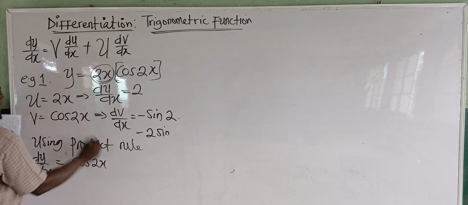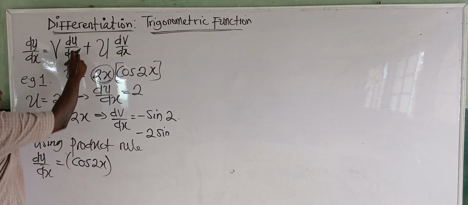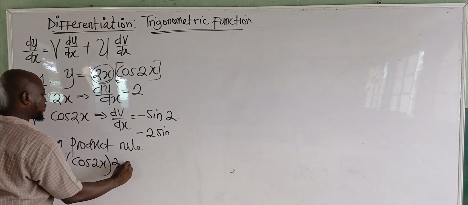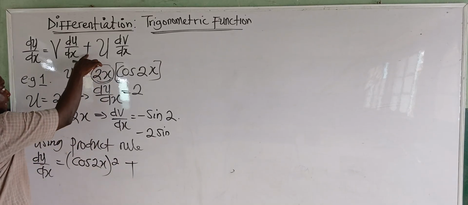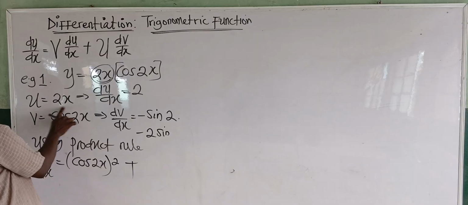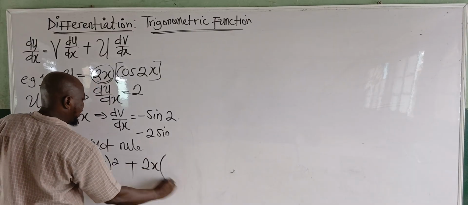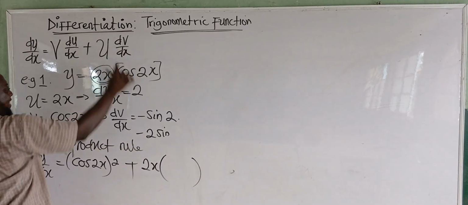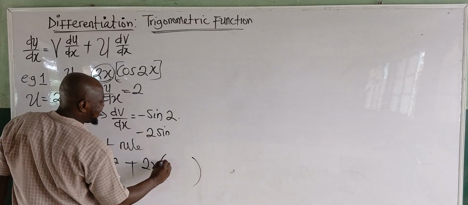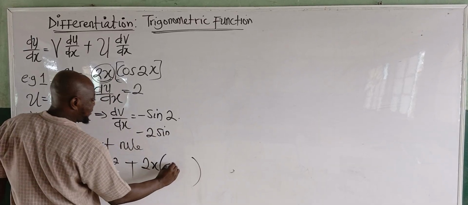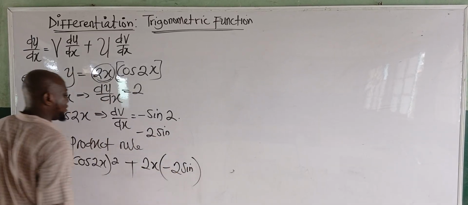Next, by the side of my v, I have du dx. I already know my du dx to be 2 here. Plus this one, please. What is my u? Originally, we said our u is this value. Then by the side of my u, I have dv dx, which is this one. I said you can either leave it as this one or leave it as this. So let me leave it as this. It's the same thing.